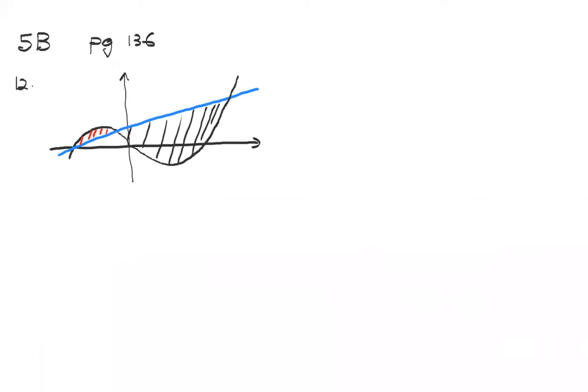The equation for this one is y equal to 3x plus 6. And the equation for this one is y equal to x cubed minus 4x. If I am the student answering this question, I will write this as my y1 and this as my y2, your choice. I want to write the shaded area as the sum of two definite integrals.